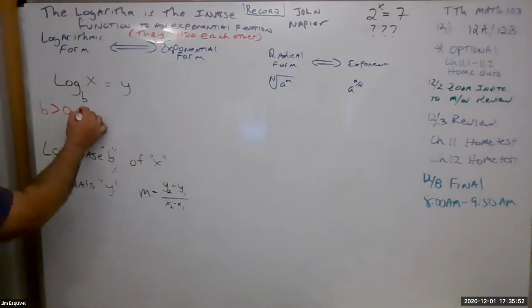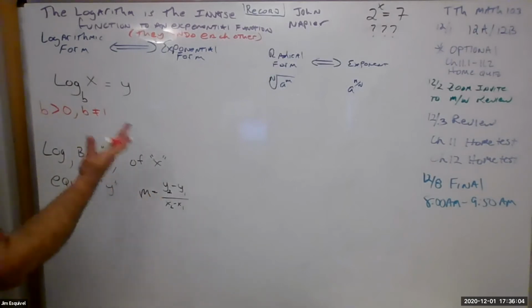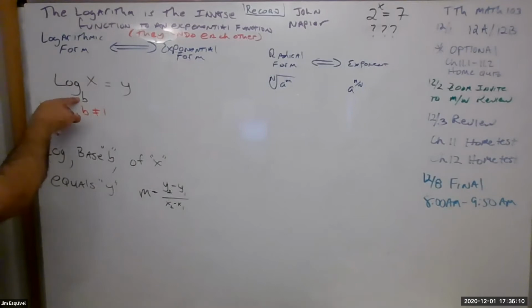Also, the base B cannot equal 1. You can't have a base 1. Everything else is fine. You can have fractions, a base 1/3, 2/3. You can have a base of 18, a base of 1.7. You can have any real number as long as it's positive and not a 1.